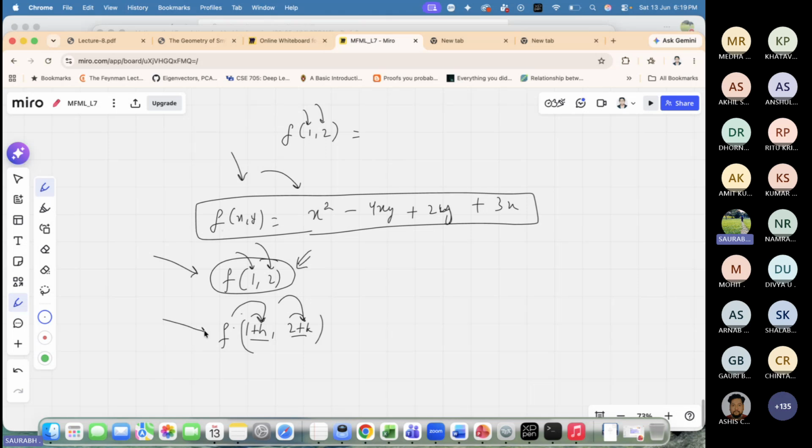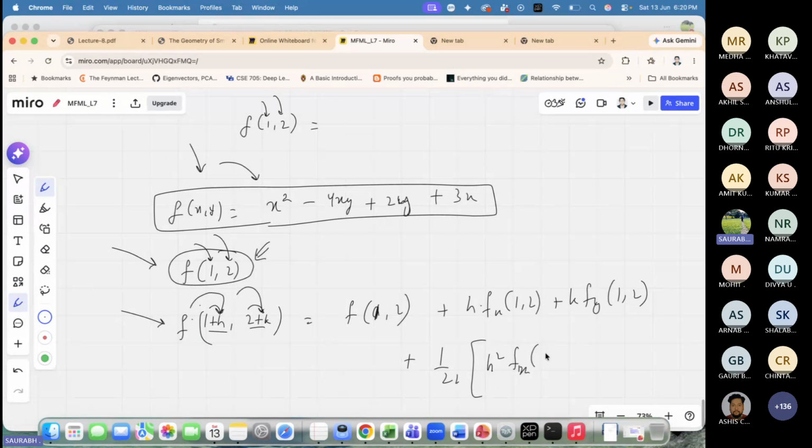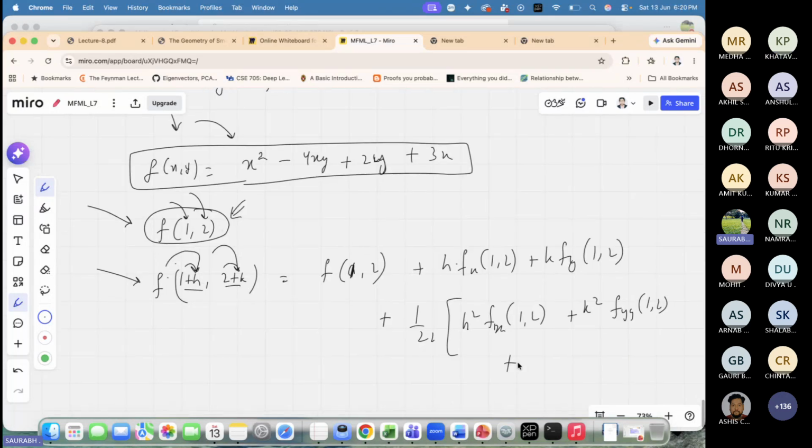To expand it, you will have to write it this way: f(1 plus h, 2 plus k) is nothing but the function's value at a, b, which is 1, 2, plus h into fx at 1, 2, plus k into fy at 1, 2, plus 1 by 2 factorial times h square fxx around 1, 2, plus k square fyy at 1, 2, plus hk fxy at 1, 2.